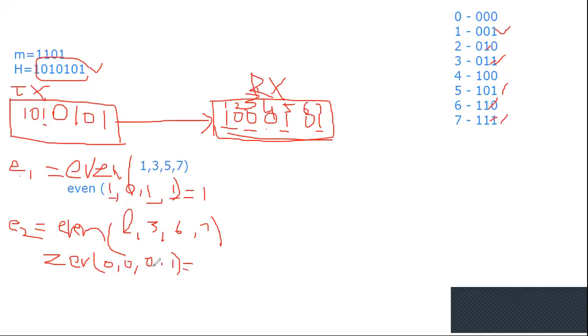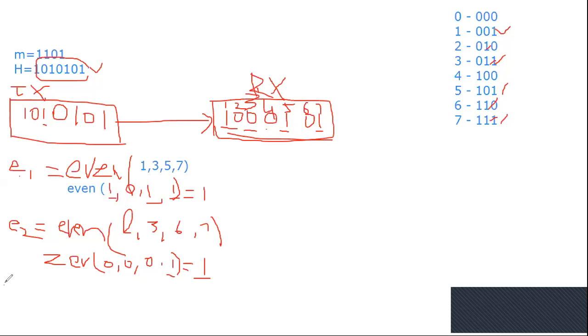Only one 1 is here. So that is odd. To make this even parity, we compulsorily put 1 here. So the E2 value is 1.